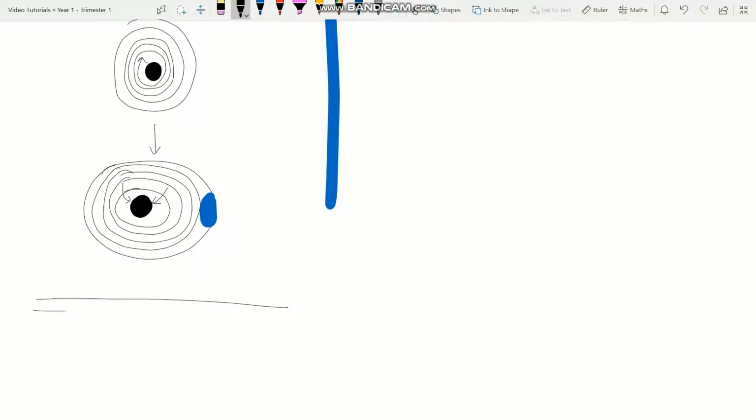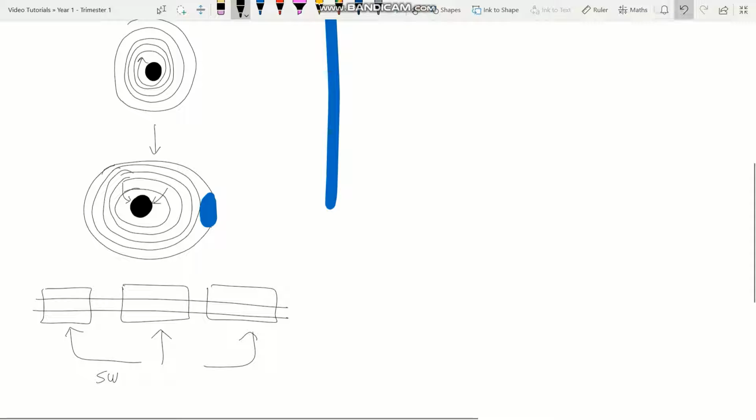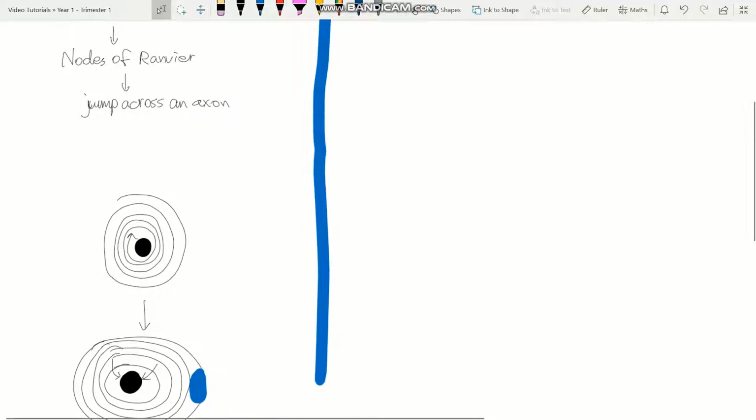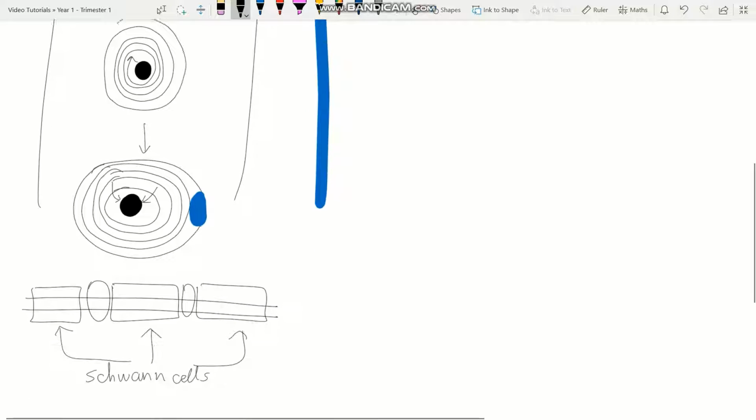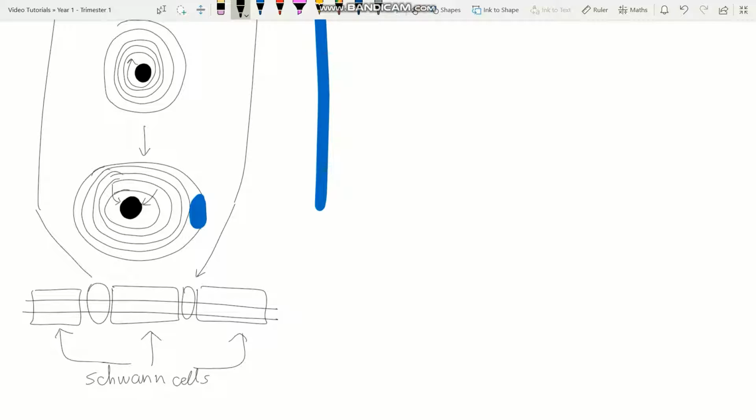If a longitudinal section is taken with many Schwann cells covering a particular part of the nerve cell, you will see that these sections, which I called before nodes of Ranvier, allow for nerve impulses to essentially jump across, and this allows for the faster propagation of a particular nerve impulse.